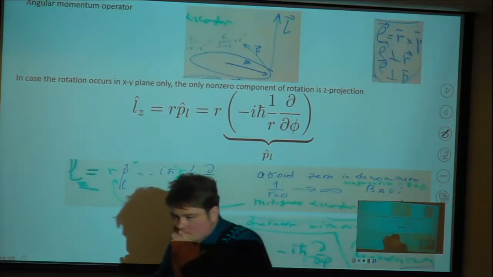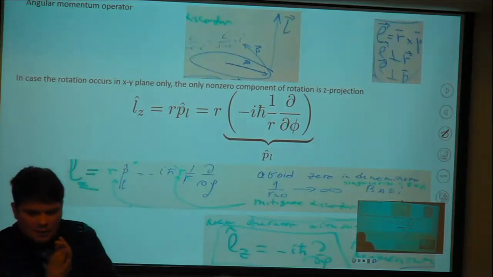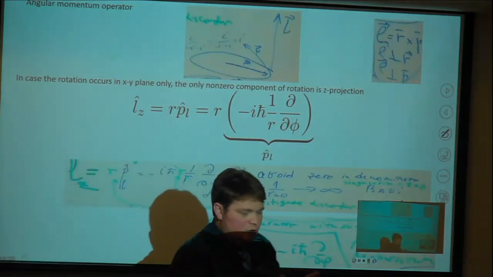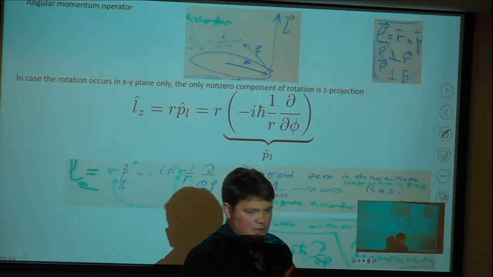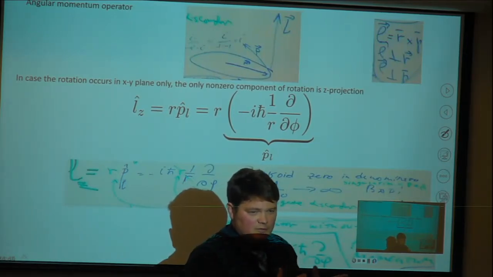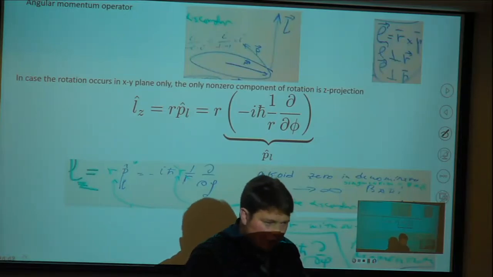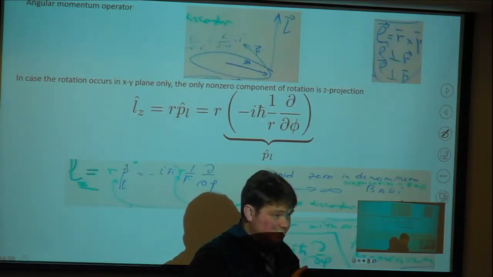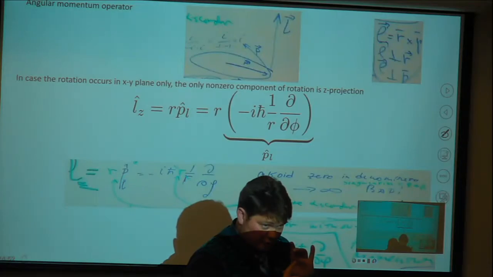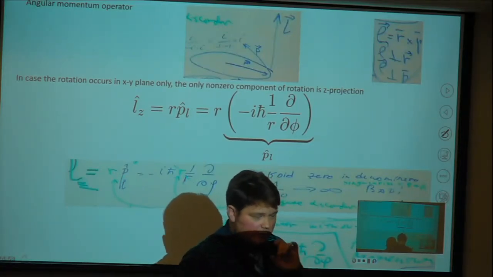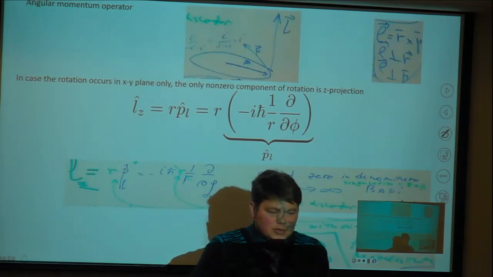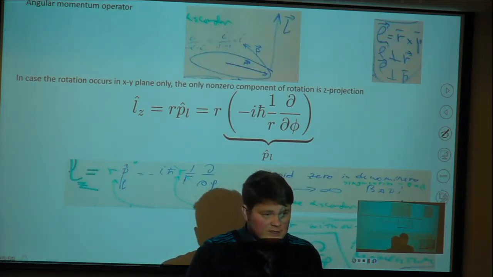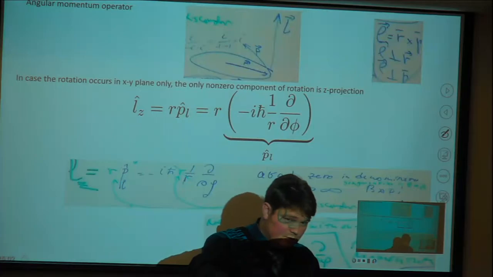Now, if we are speaking only about two-dimensional rotation, then angular momentum has only one component of vector, and therefore we can speak of it temporarily only as a scalar, as a projection, because other projections are zero. Its length is equal to simple product of the distance times instantaneous momentum on this trajectory.